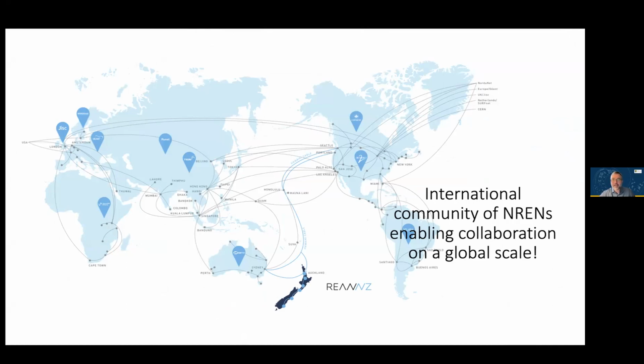A tremendous amount of work goes into that. There's connectivity to just about every part of the planet, and there's even work going on right now to get better connectivity into McMurdo in Antarctica, which is the final frontier for getting connectivity for data science.